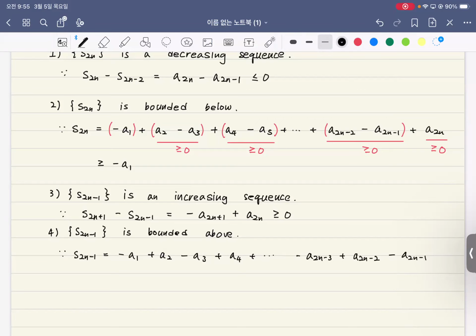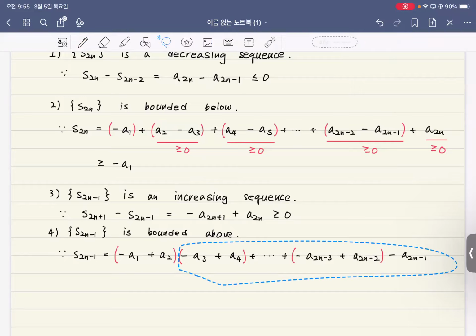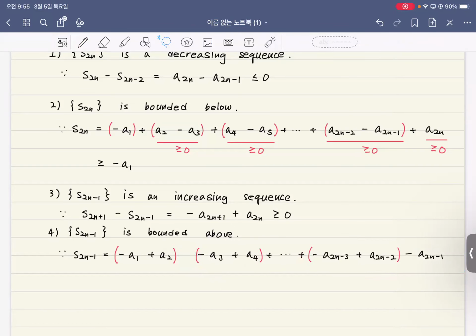So this is S2n minus 1, and I want to group them just like this. Yeah, I somehow messed up. This doesn't look very beautiful.